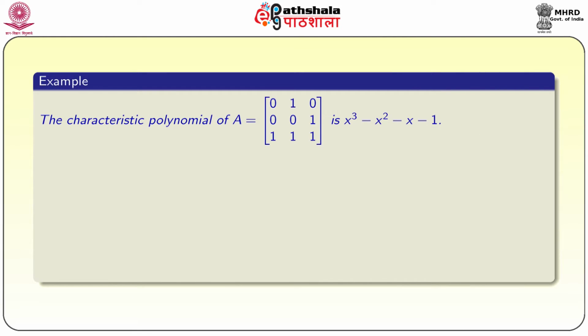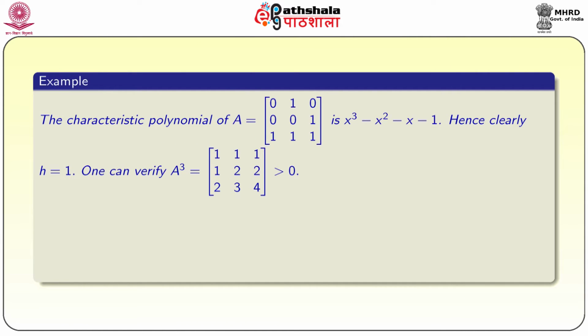Consider the matrix A, which is equal to the rows (0, 1, 0), (0, 0, 1) and (1, 1, 1). For this matrix, the characteristic polynomial can be verified as x^3 minus x^2 minus x minus 1. Hence, clearly h equals 1 by using the previous result.